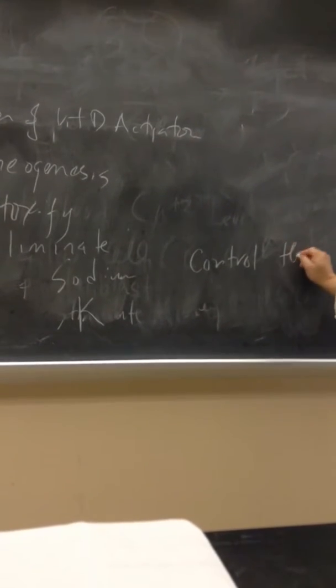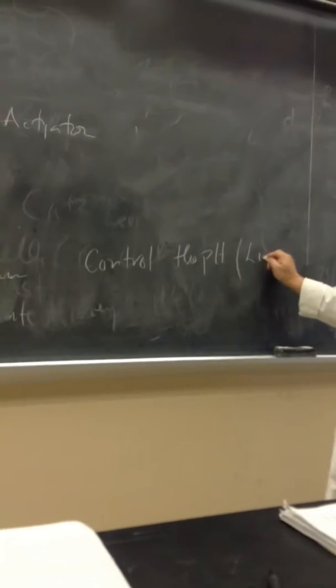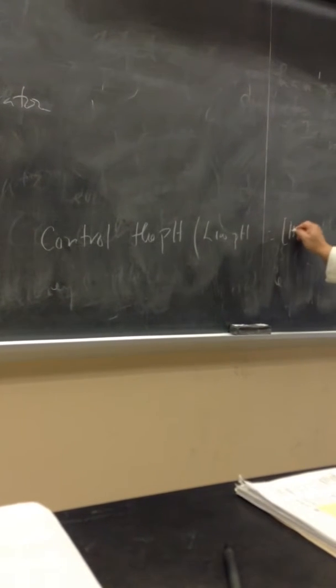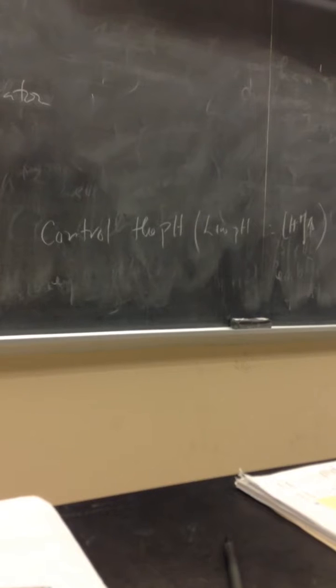Now the pH, if you have low pH, this usually means that your hydrogen ion concentration is very high. Is it acidic? It's acidic, yeah.